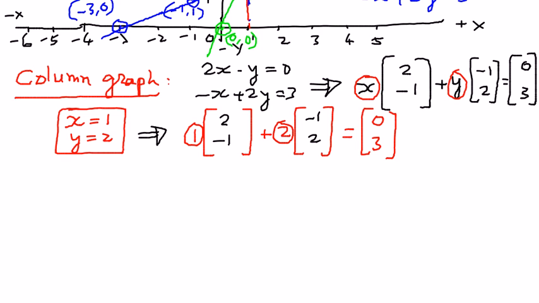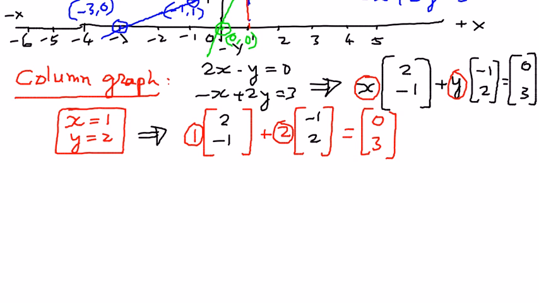So if you take 1 times 2 plus 2 times negative 1, that will be 0. And then 1 times negative 1 plus 2 times 2, negative 1 plus 4, will be equal to positive 3, and that satisfies it.